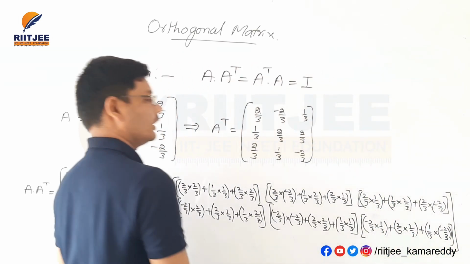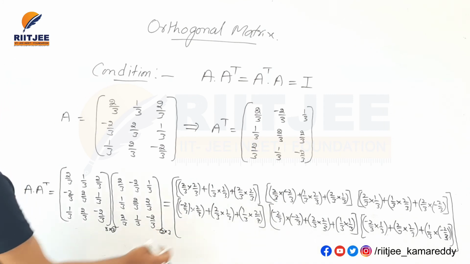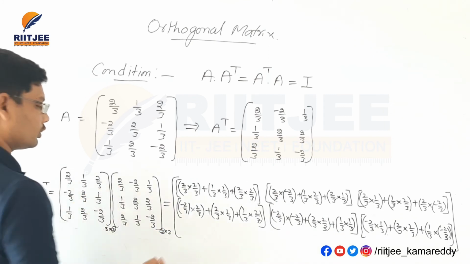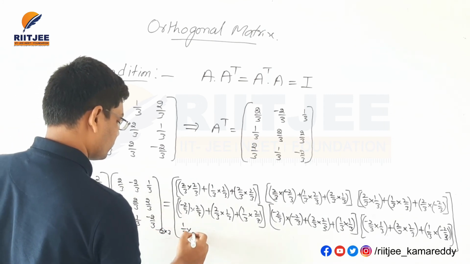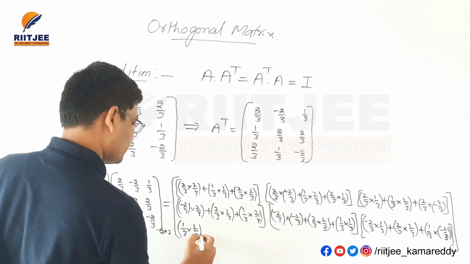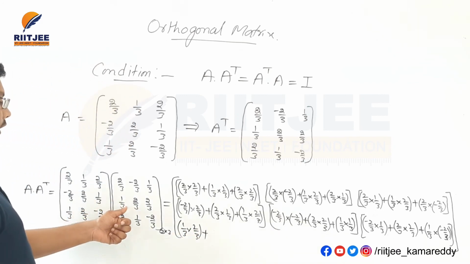This is all about A23. Next, A31. 1 by 3 into 2 by 3, plus 2 by 3 into 1 by 3.